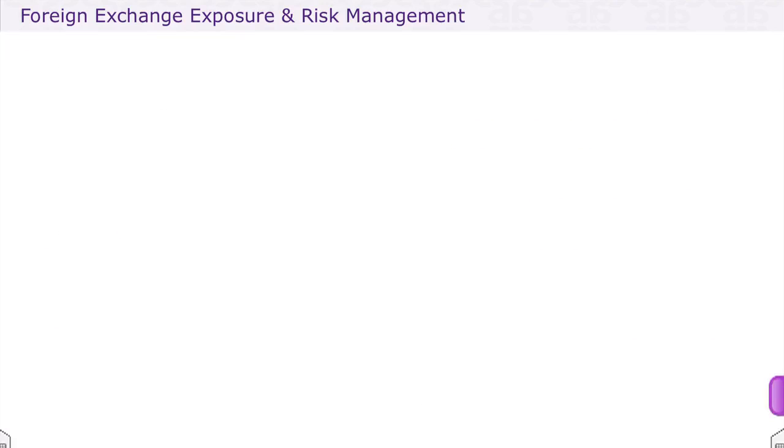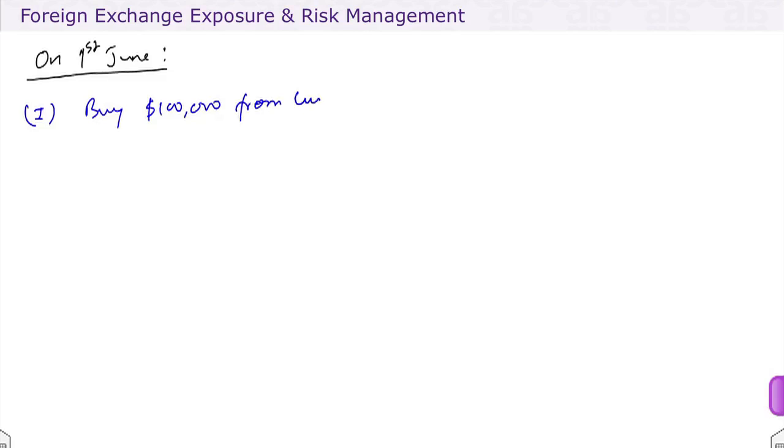So what would happen, again, different dates. On 1st of June, when the customer is coming with a request of early delivery, there will be 3 steps that the bank would take. The first would be that the bank would purchase $1 lakh from the customer at spot rate, because it's coming on that day to give.